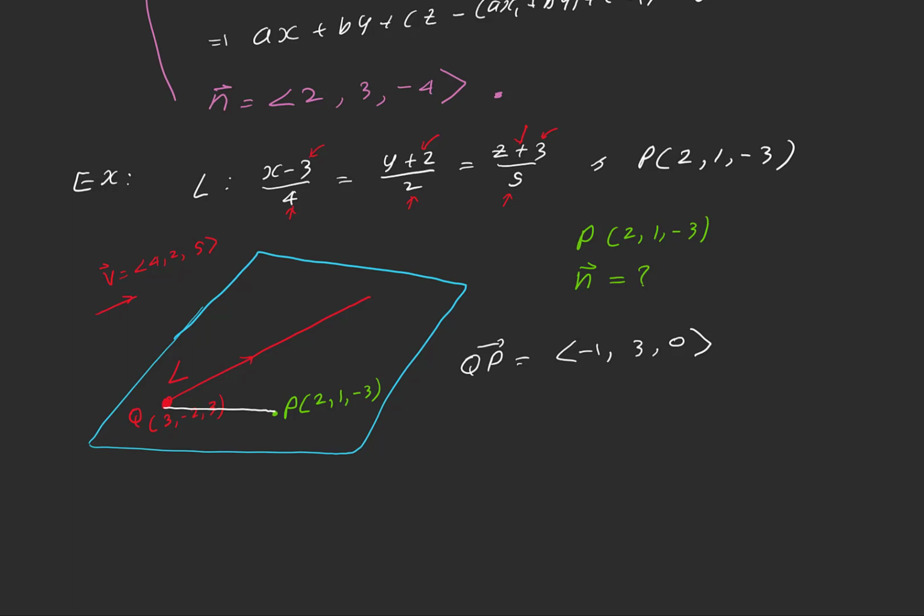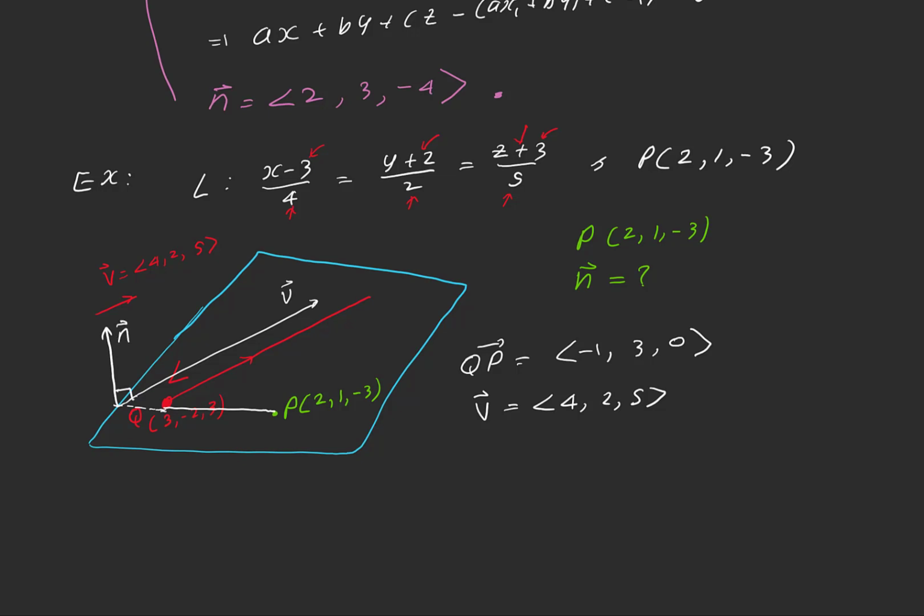And we also know a vector parallel to L, the line. That is the V. So V is 4, 2, 5. You see that is V. Then can we get the cross product of QP and V? Yes, once we have a cross product, we can get the normal vector of this plane.